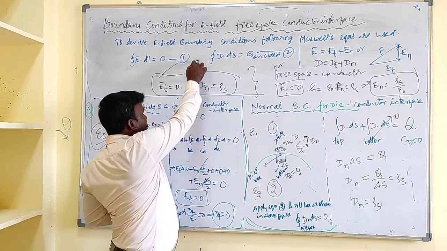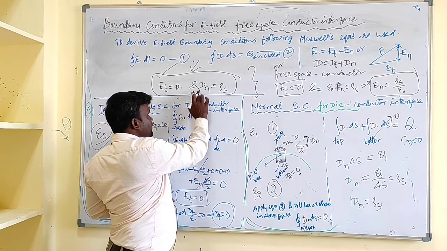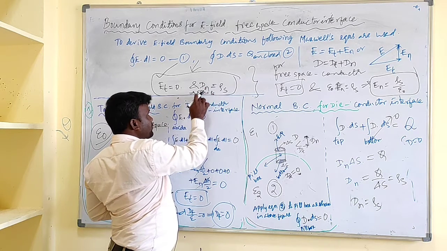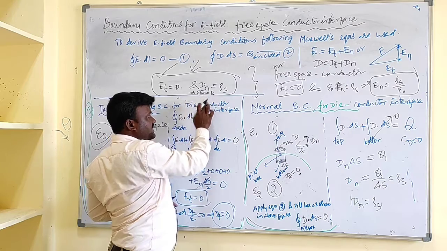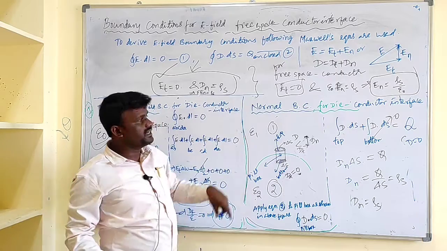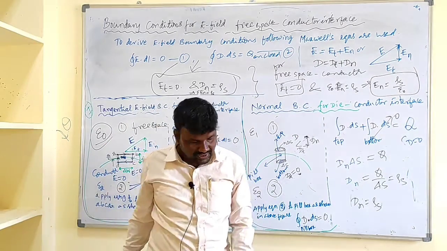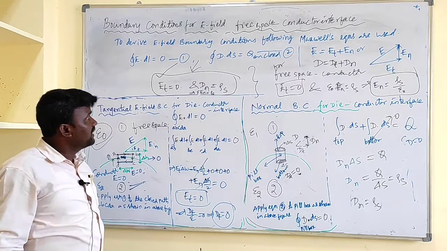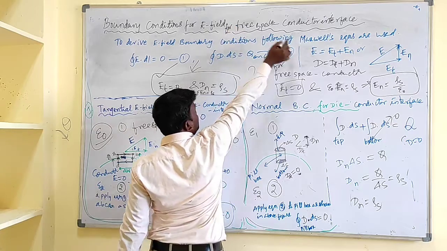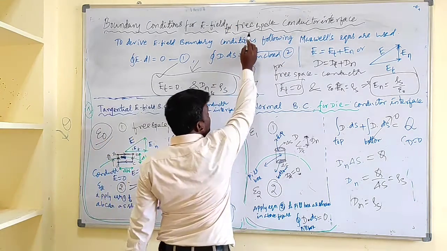Here are the boundary conditions for the dielectric conductor interface. Dn can be written as epsilon times En equals rho s, whereas for free space epsilon is replaced with epsilon naught, so epsilon naught times En equals rho s; that is the difference. This is all about the boundary conditions for the electric field for the free space conductor interface or the dielectric conductor interface.